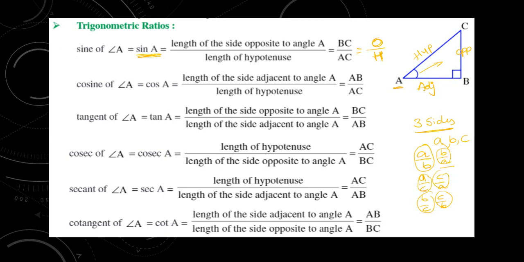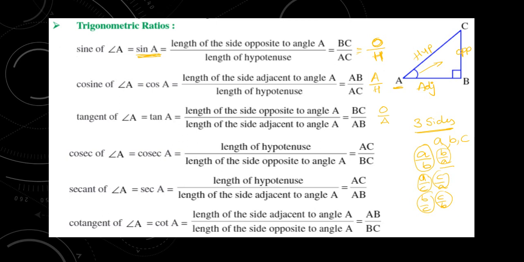So sin A is opposite side of A by hypotenuse. The same way, cos A is adjacent side by hypotenuse. The same way, tan A is given by the opposite side to A by the adjacent side to A.